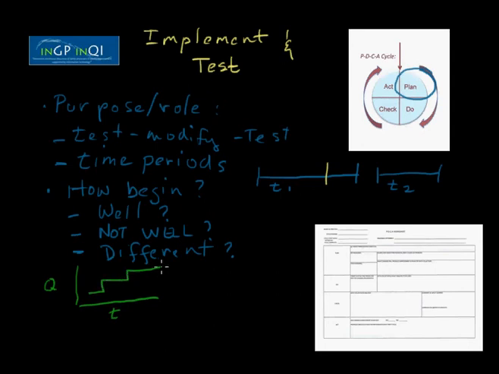Plateau, stair step up. Or it might be sort of a slow, gradual increase, or in some cases, a rather rapid increase. Regardless, each of these curves gives us something that we can learn about our interventions.